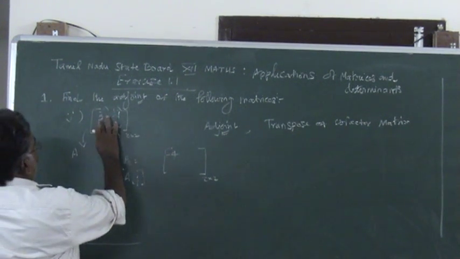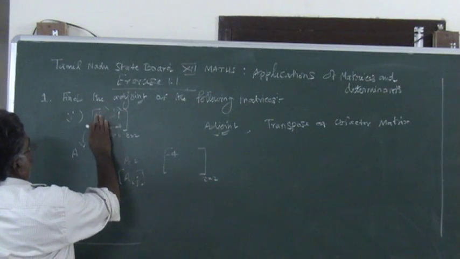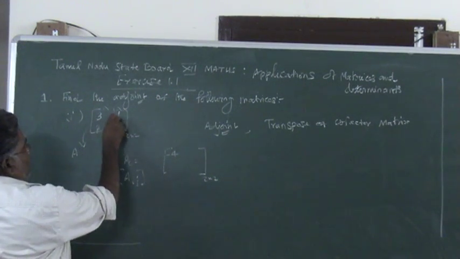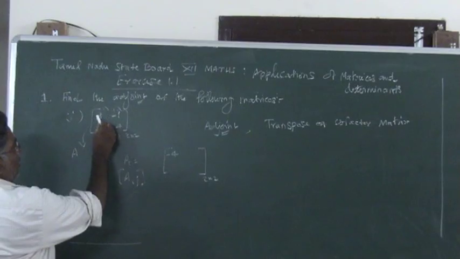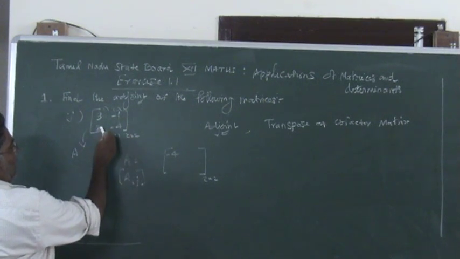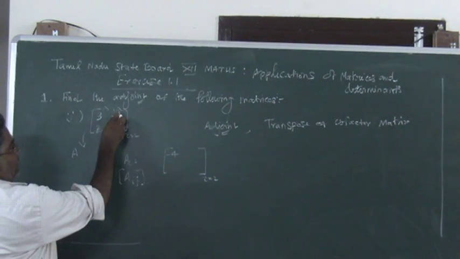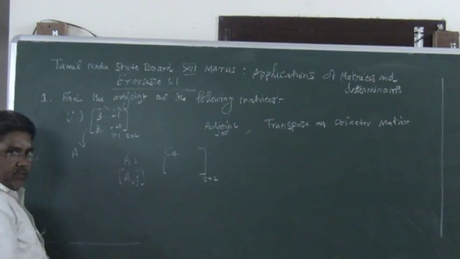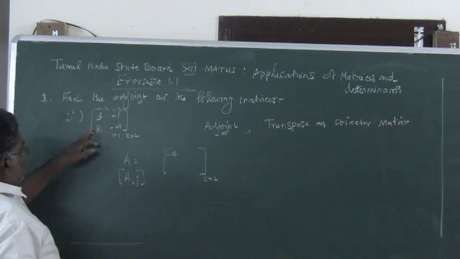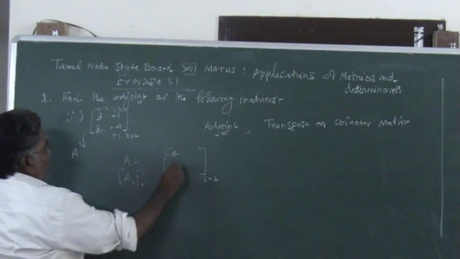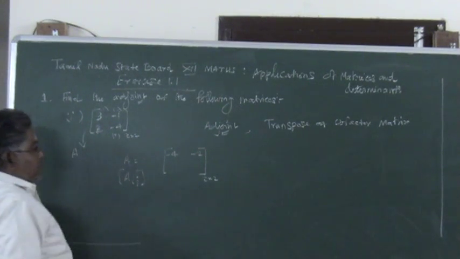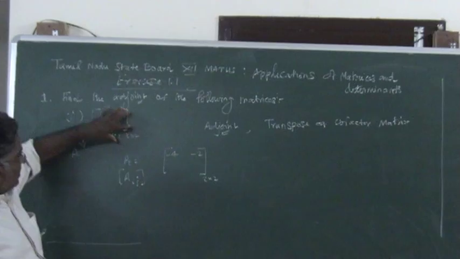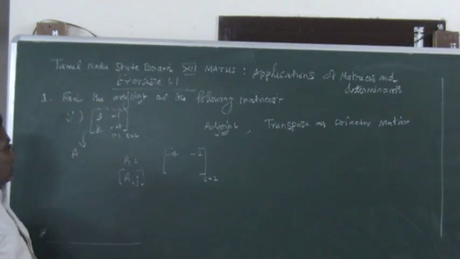Then we will see how to find the cofactor of minus 1. Leave out the row and leave out the column, you will have 2. But for this minus 1, you should take minus of whatever you are having here. So 2, but minus of that, so minus 2. Minus 2 is the cofactor of minus 1 for this matrix.